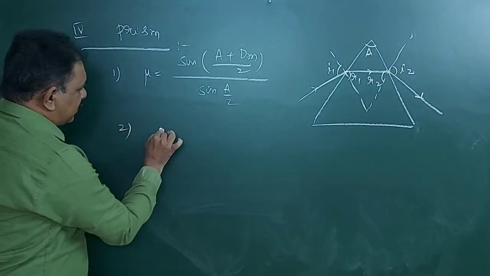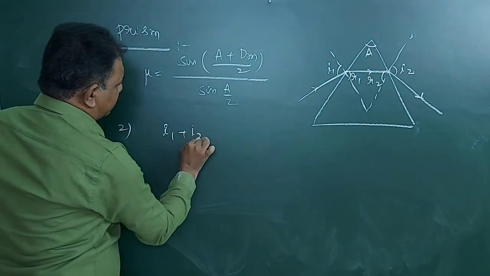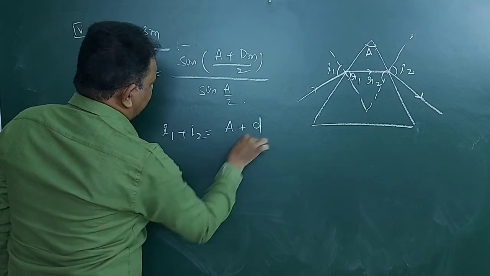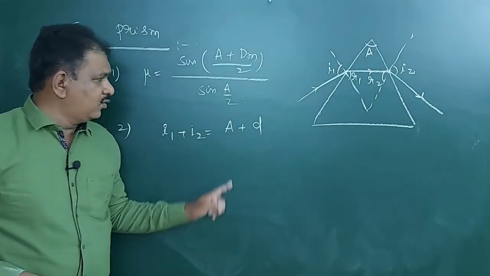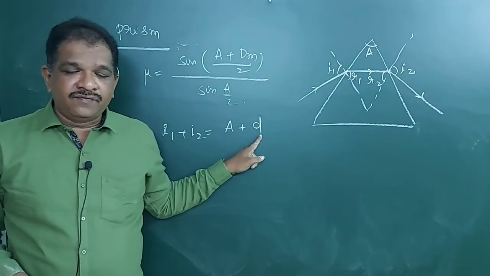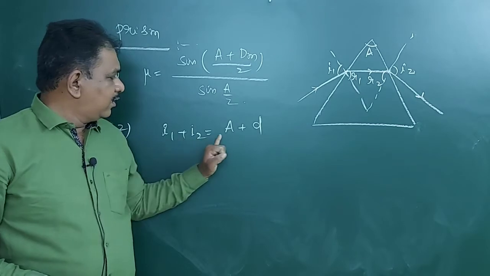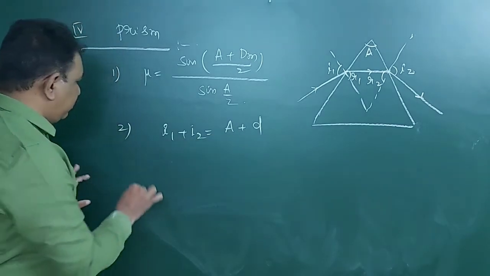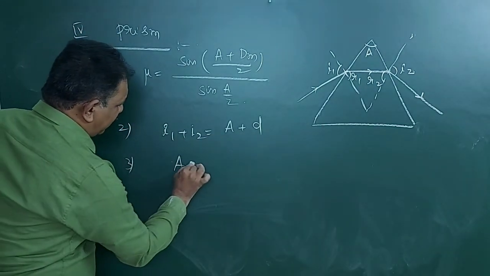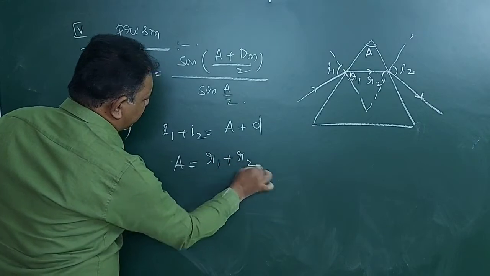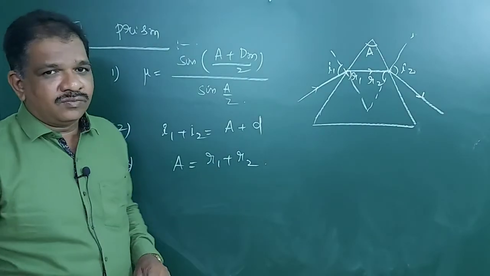Here the prism is not in the minimum deviation position. The relation between I1 and I2, angle of the prism and angle of deviation is I1 plus I2 is equal to A plus D, and A value will be equal to R1 plus R2.